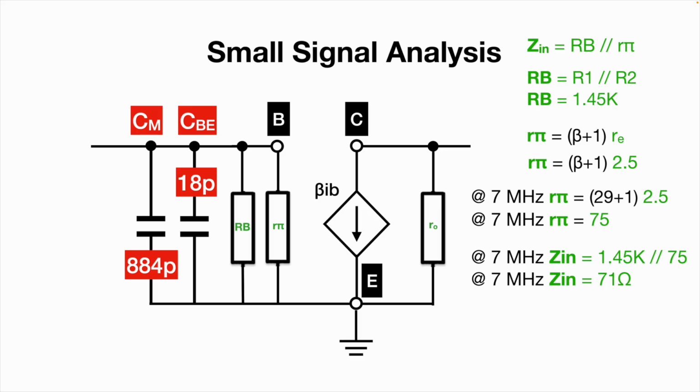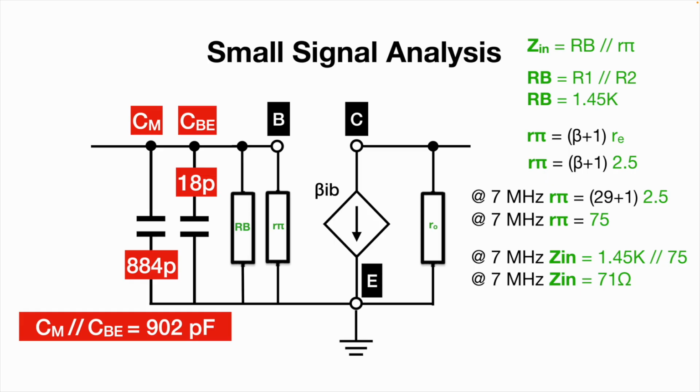Now, in small signal terms, these levels of capacitance show themselves as capacitors to ground. And because they're in parallel, capacitors sum together. So that means that when you do that, you get an overall capacitance of 902 picofarads.